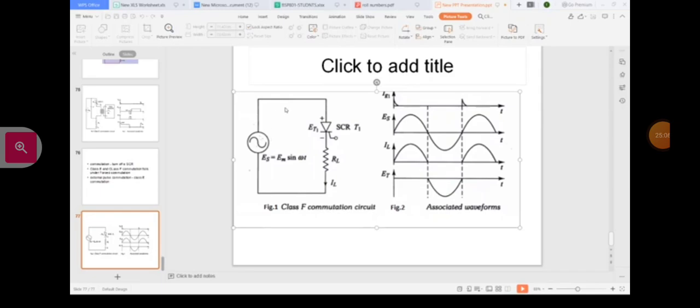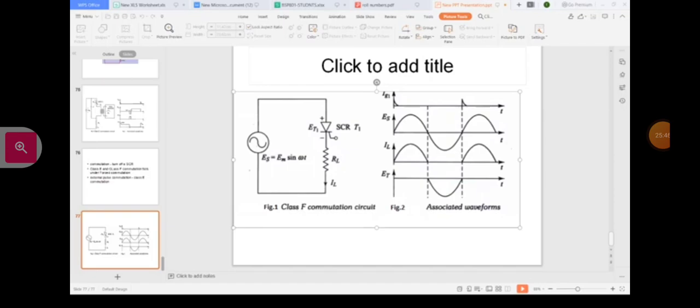In this commutation technique, the concept is simple. Class F commutation is an AC line commutation method, because an AC signal is applied. As the supply is alternating voltage, load current flows during the positive half cycle. During the negative half cycle, the SCR will turn off.